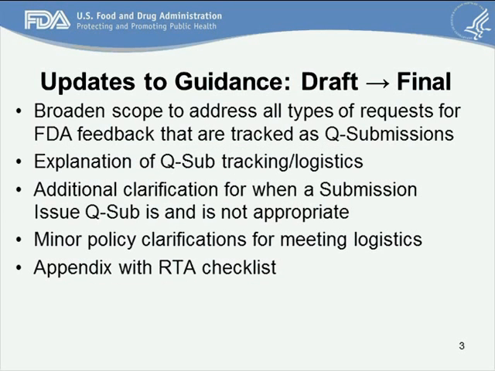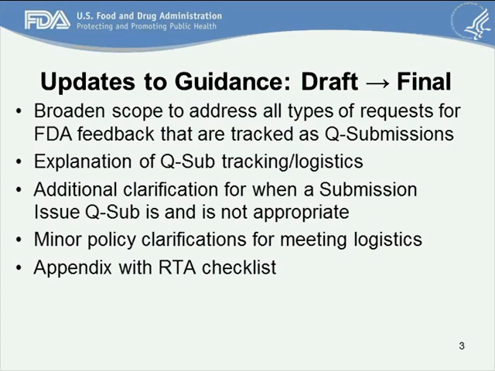Updates to this guidance in moving from the draft to final versions include broadening the scope to address all types of requests for feedback that are tracked as Q-submissions, with an explanation of the tracking and logistics for Q-submissions. When the draft guidance was initially issued, the Q-submission program was not yet fully developed or implemented in the FDA tracking system, and the draft guidance did not include some types of meetings that are covered in the final guidance.